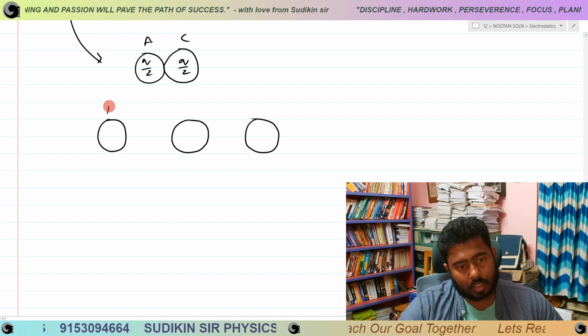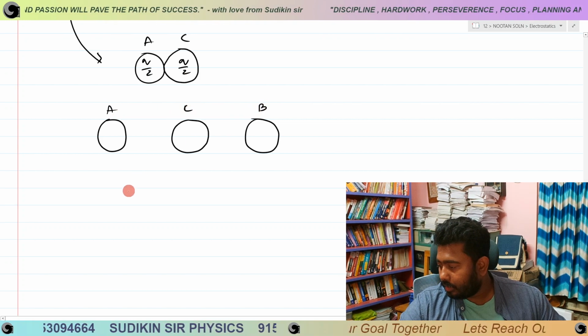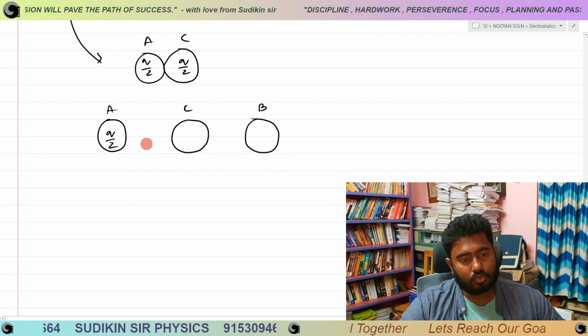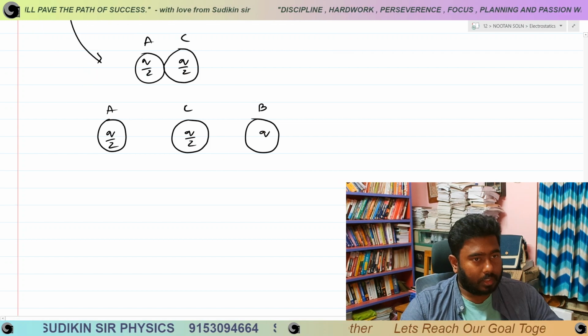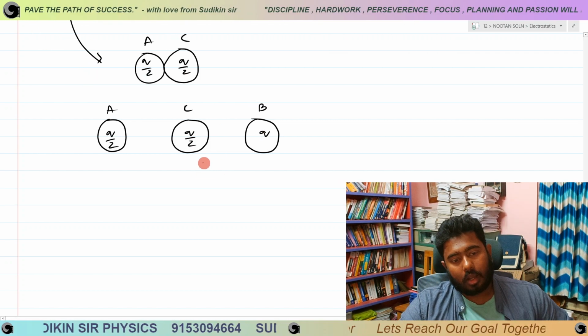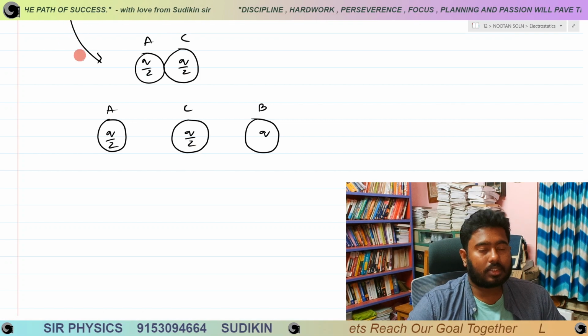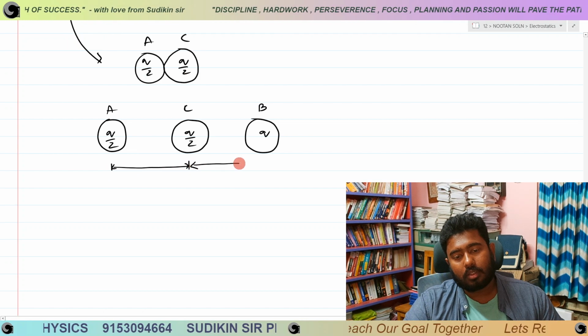So this is A, this is C, this one is B. This is Q by 2, this one is Q by 2, this one is Q. The distance between A and C and the distance between B and C are absolutely the same.